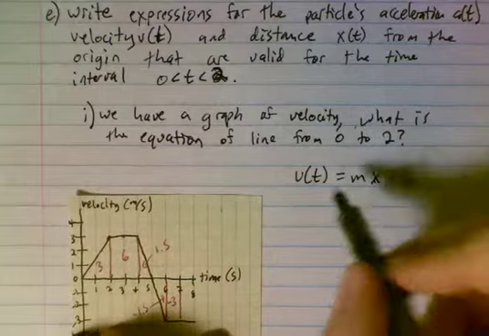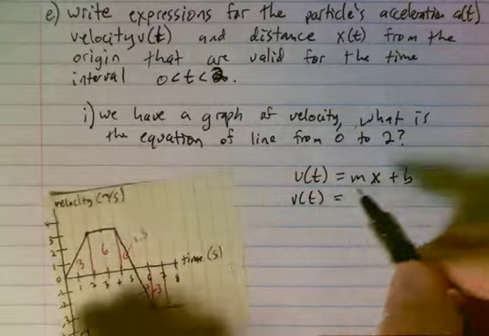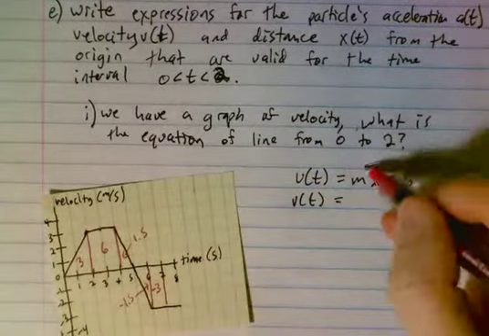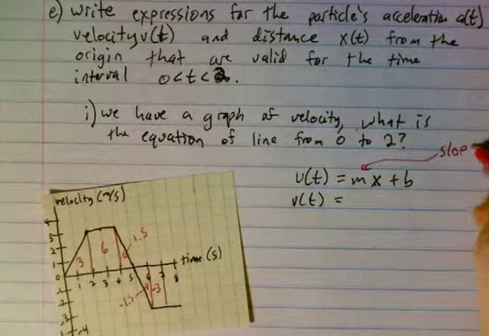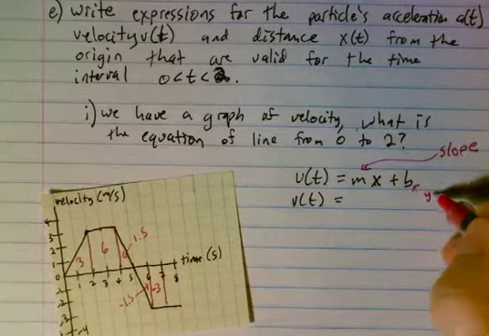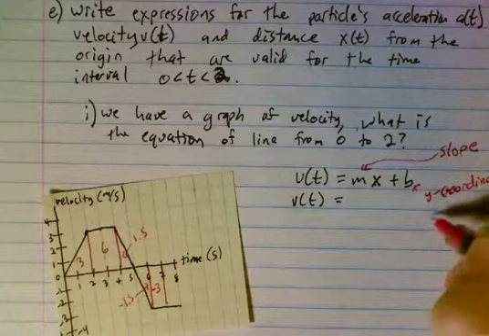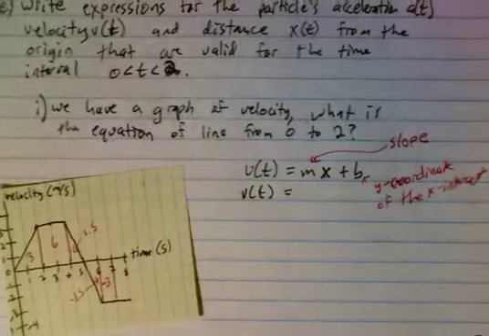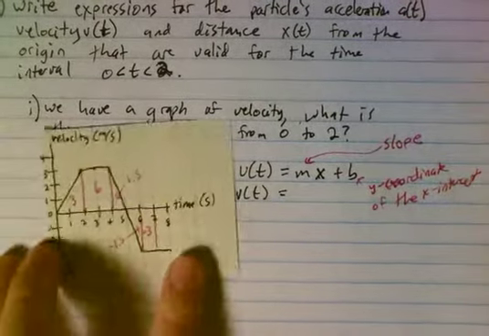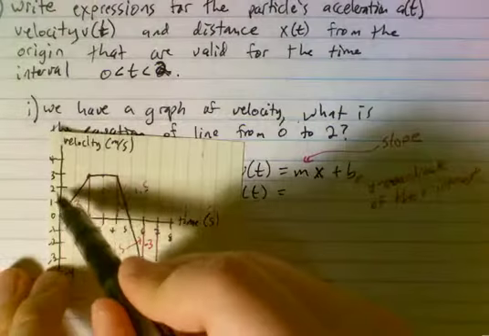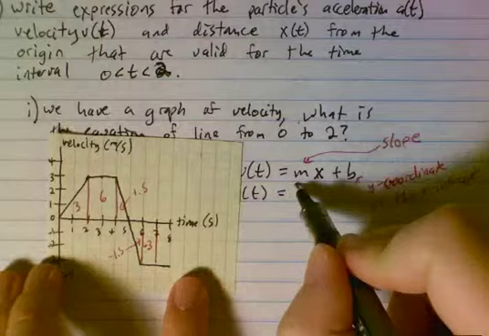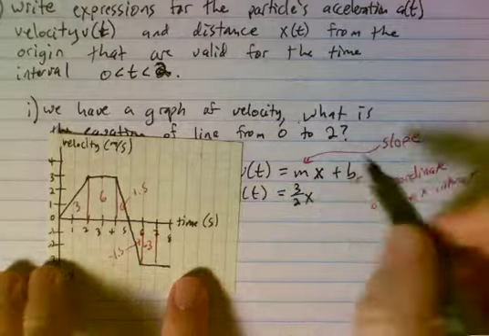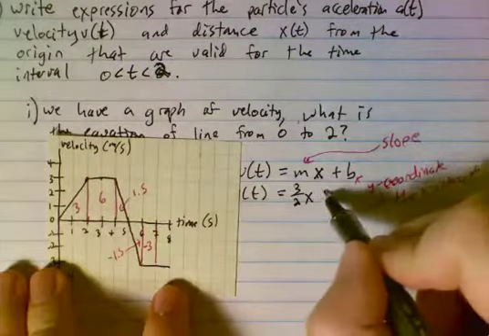First thing that we want to know is our slope. Second thing we want to know is the y-coordinate of the y-intercept. So I can see right here that the slope is 3 over 2, and I can see that the y-intercept is 0.